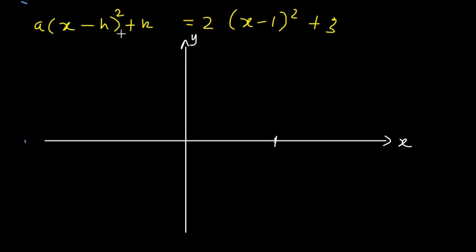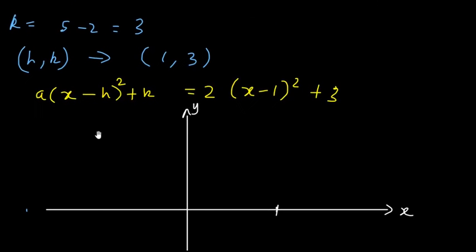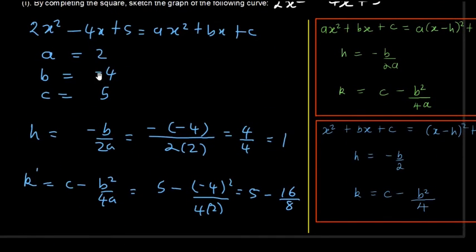The vertex point is (1, 3), so (1, 3) is here, because that's the vertex point. As long as a is greater than 0, it means that it will have a minimum.